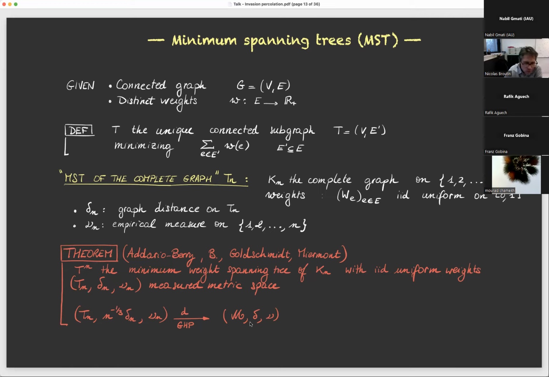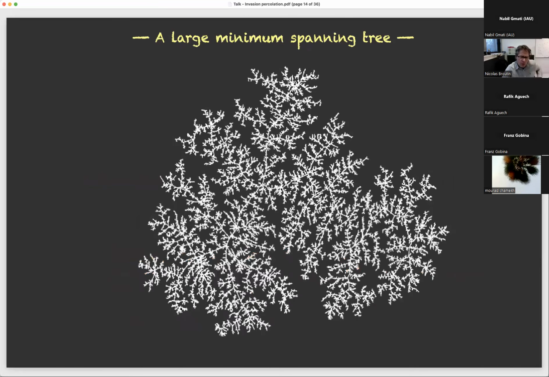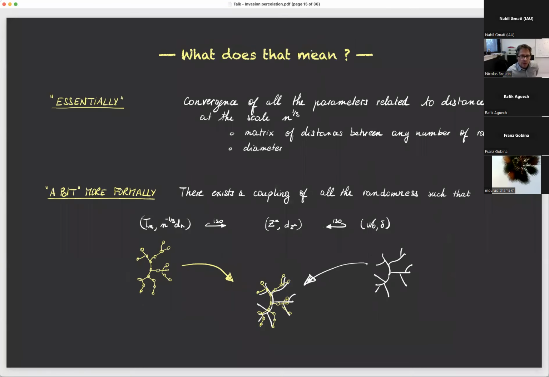I'll tell you a bit first what this convergence means. This is a pretty bad picture of a simulation, a bit pixelized, but it doesn't matter. You take a big one, you draw it, and it will look like this. What does the convergence mean?